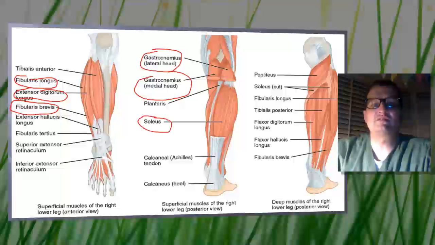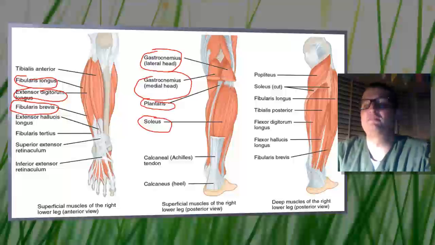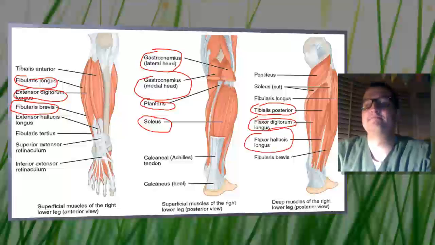The soleus muscle works together with the gastrocnemius. The deep muscles of the lower leg are the tibialis posterior here, the flexor digitorum longus, the flexor hallucis longus, and that's it.